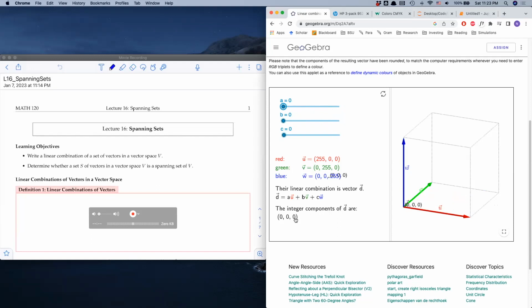And again, any color pixel that you can see on the screen of the computer or the screen of your phone can be generated using these three colors, red, green, and blue. So that's the idea of linear combinations that we see in reality.